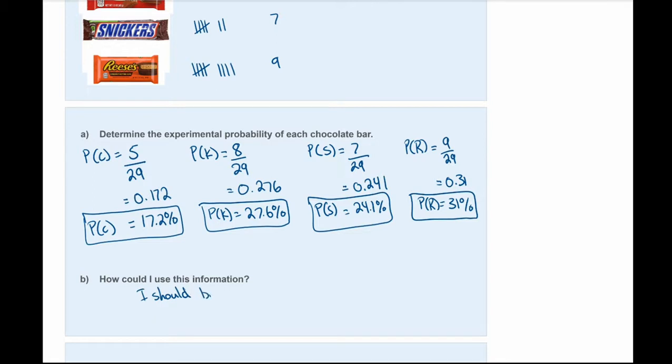So I should buy Reese's Cups and Kit Kats as prizes. Basically, I'm just trying to say the ones that are most likely to occur are probably the ones that are going to get chosen. So if I wanted to buy, I should get more of them. Or if I just wanted to buy some for the class, that's what I should be buying.